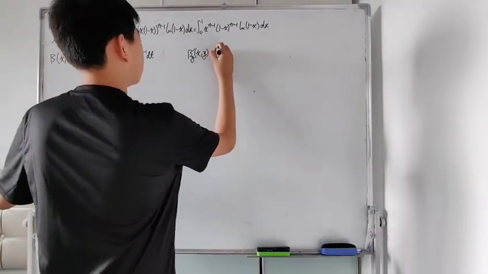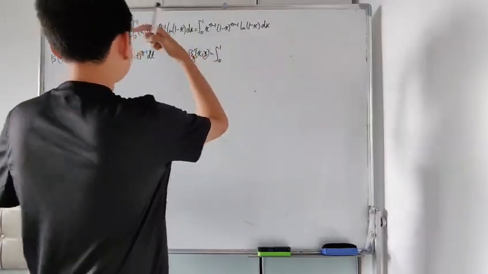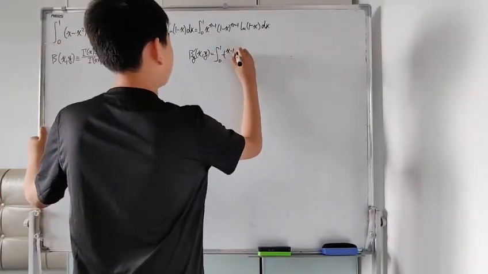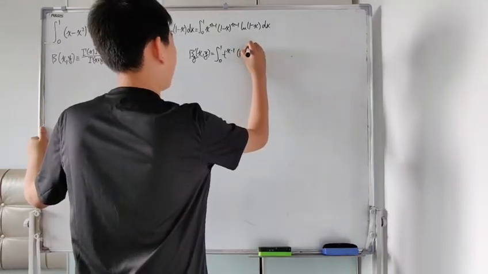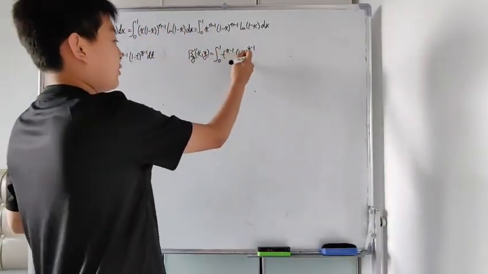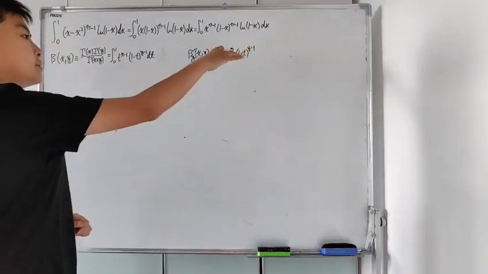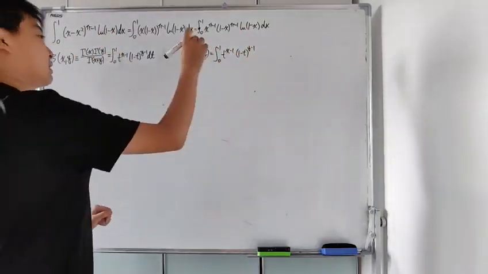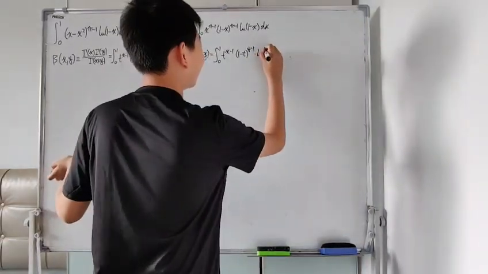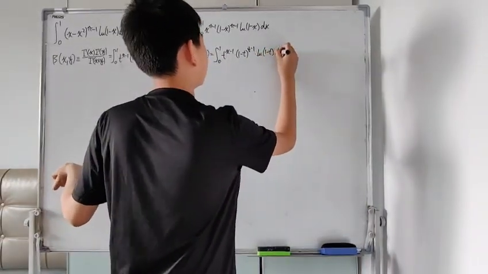So this is going to be equal to an integral from 0 to 1 of t to the x minus 1, 1 minus t to the y minus 1, and then you take the derivative of this. If you're going to take the derivative of this, it's just this times the natural logarithm of the base, which is 1 minus t, dt.